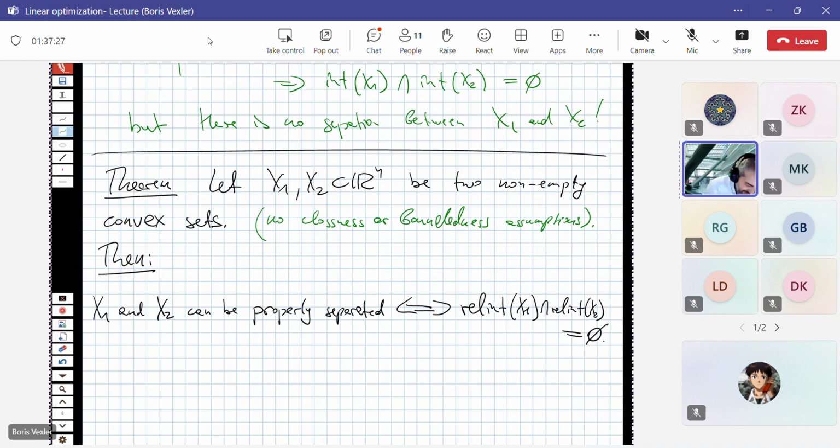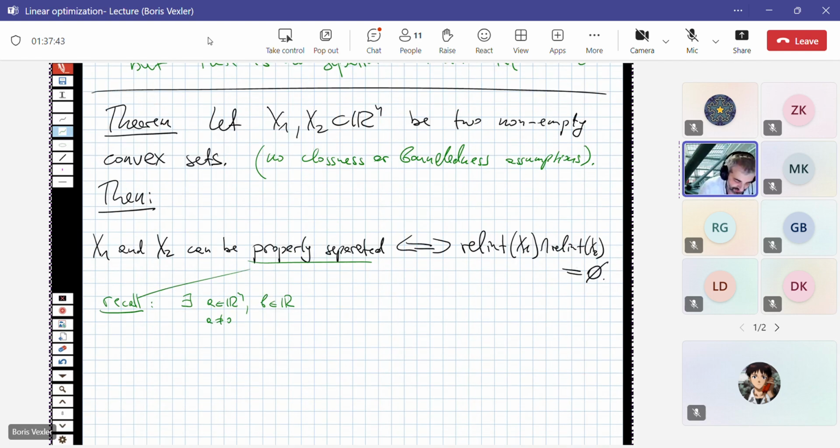Okay, and just to recall, what does it mean? It means that there is a vector A in Rn, non-zero, and a number B in R, such that A transpose x1 is less or equal than B, which is less or equal than A transpose x2, for all x1 in X1 and x2 in X2. This is just separation. And what is proper separation?